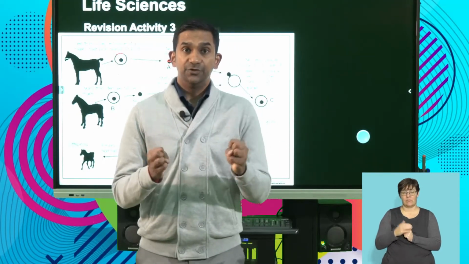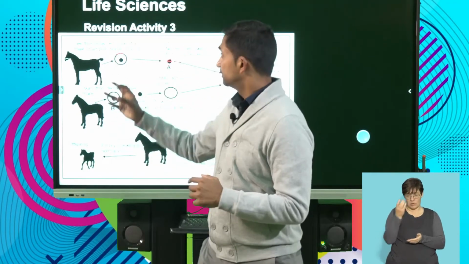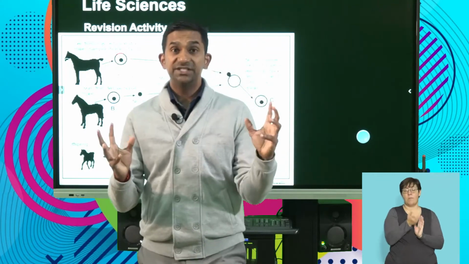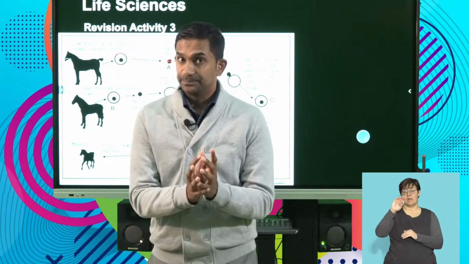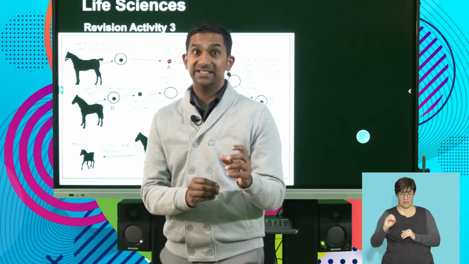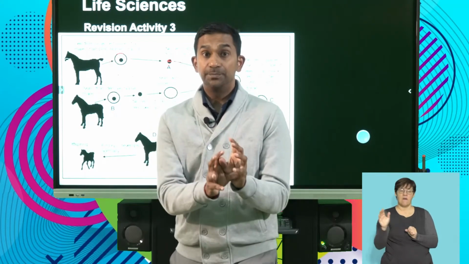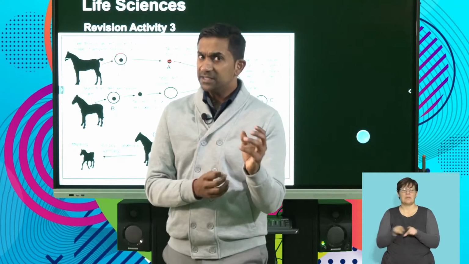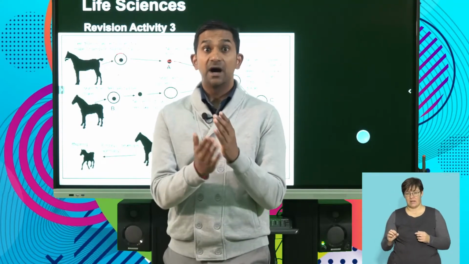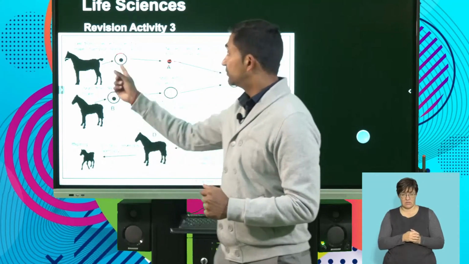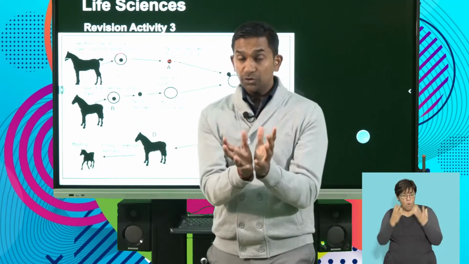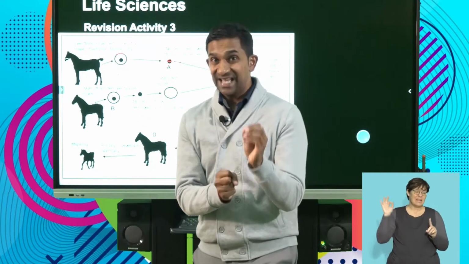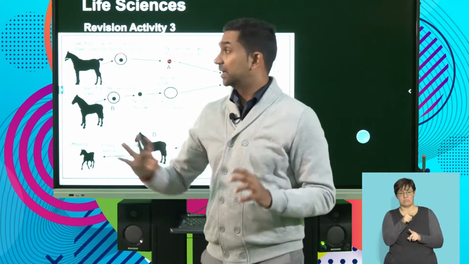Remember that if you want to collect the genetic information of this stallion horse, you need to take a somatic cell. What is unique about a somatic cell is that it has the full diploid set of genetic information, meaning that unlike a sperm or an egg, which has half the genetic information, we've got a cell that has all the genetic information of exactly what this stallion has.